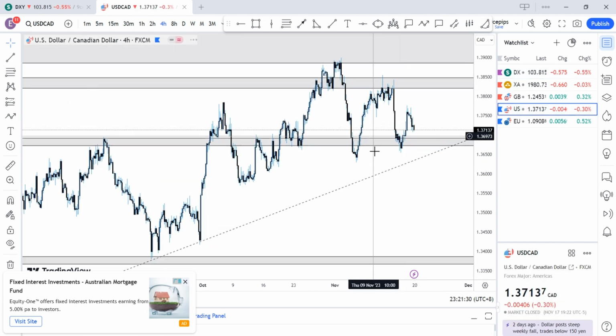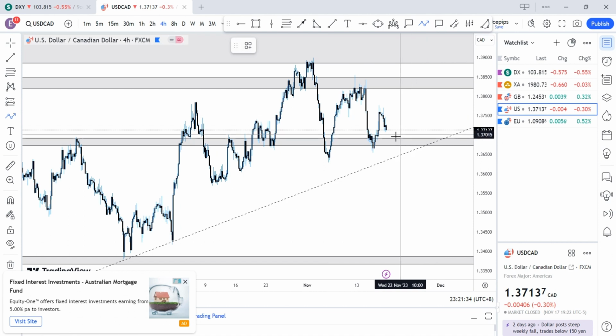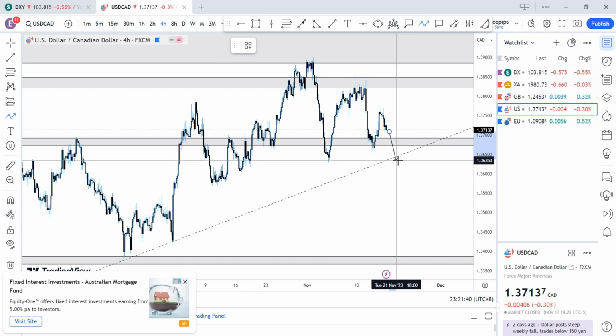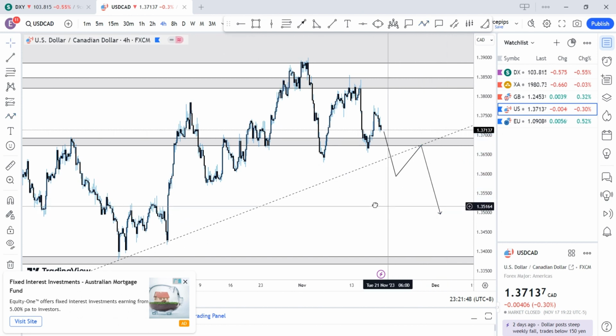Same thing, Euro USD, the USD CAD. I'm pretty much anticipating price to continue to the downside, but I'm looking for price to break this low, break all the regions of this 136, make a new low and retest this region, and then we can continue soaring to the downside around 135.